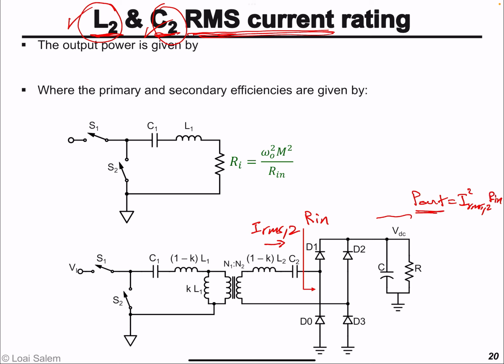So how to find the value of the output power? The output power will be the input power, the power taken from the input, which we calculated in a prior video, times the efficiency of the primary side or the transmitter, times the efficiency of the receiver or the secondary side.